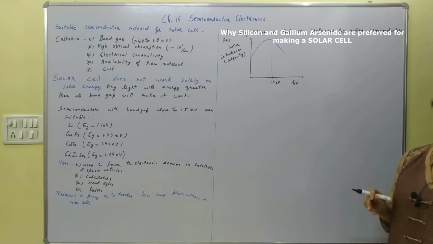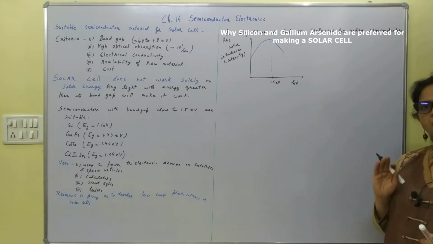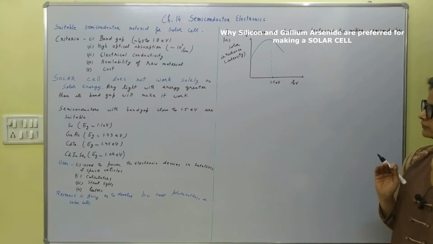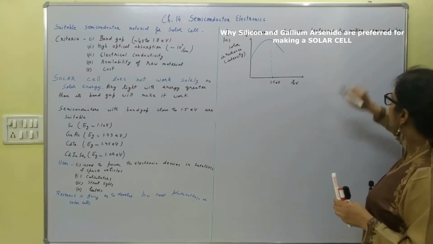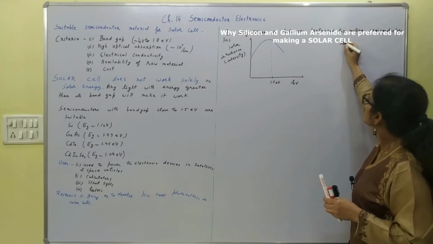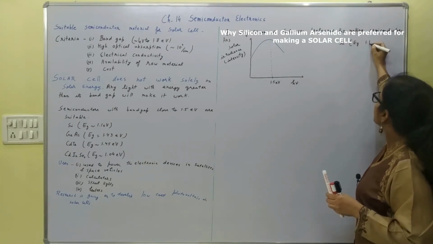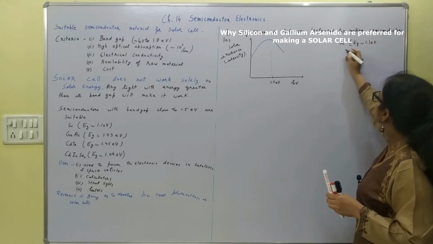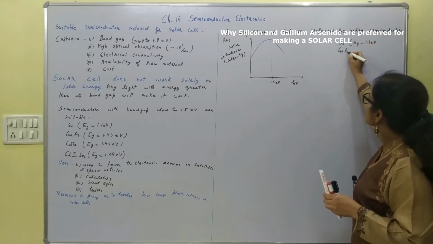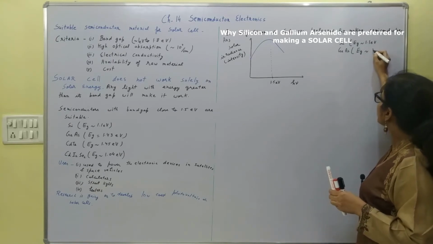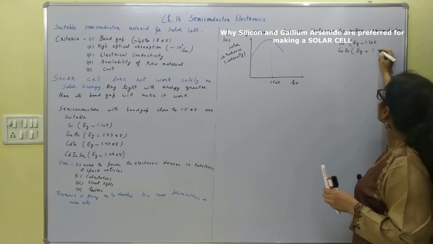We know that a semiconductor used for solar cell must have an energy gap of nearly 1 to 1.8 electron volt, right? So here we know that silicon has a band gap of 1.1 electron volt and gallium arsenide has the band gap of nearly 1.43 electron volt, right?